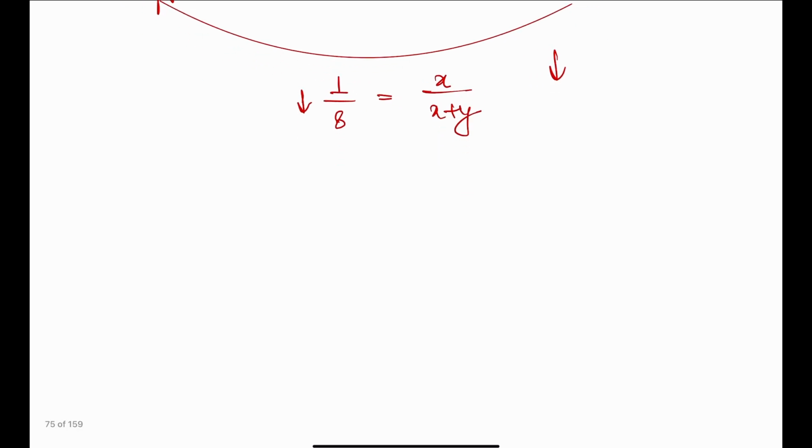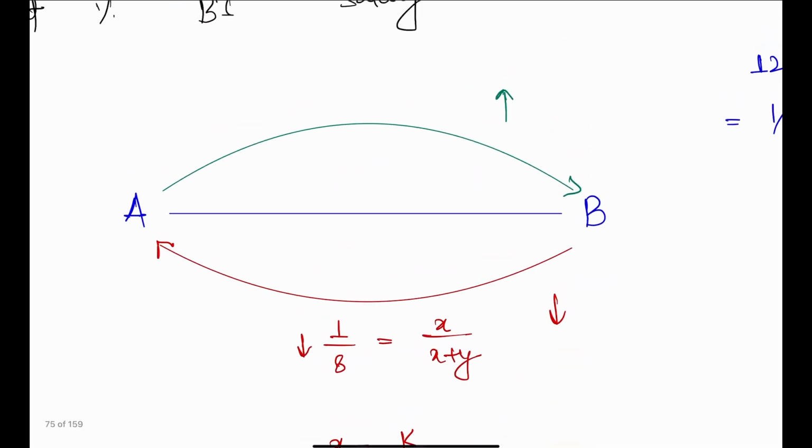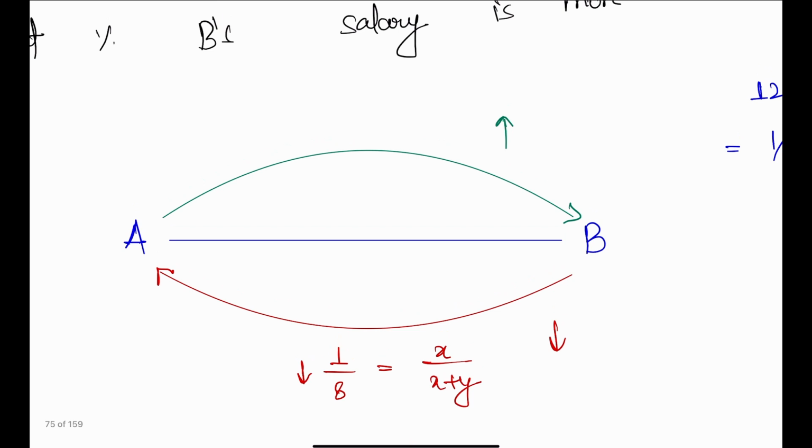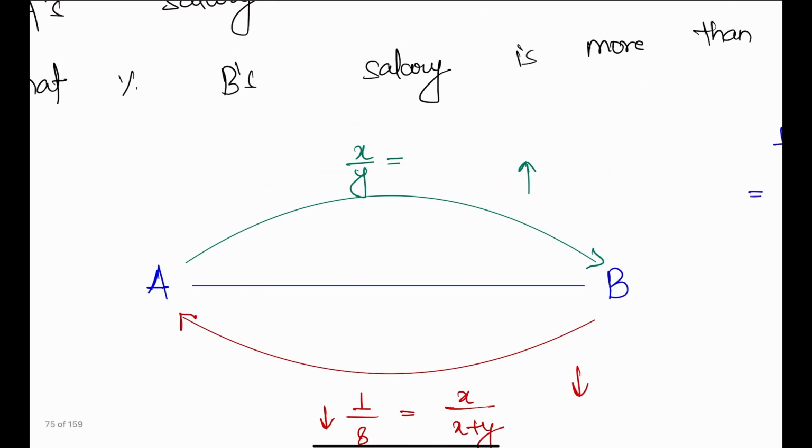So x equals k and x plus y equals 8k. So y will become 7k. x is k, y is 7k. And the above expression was x by y, so let's replace it with k upon 7k, which is nothing but 1 by 7.